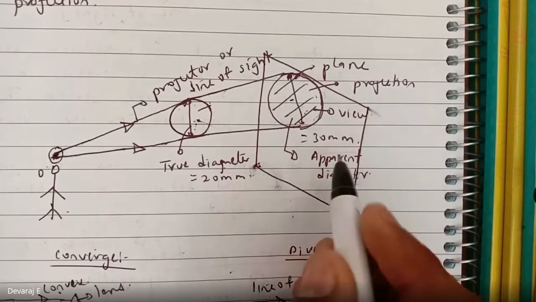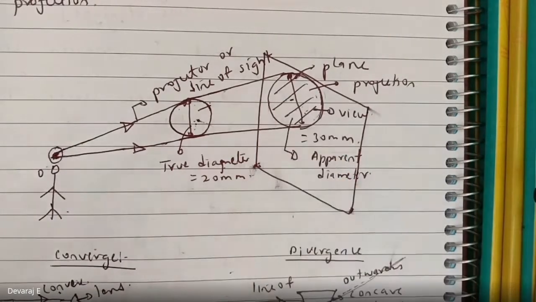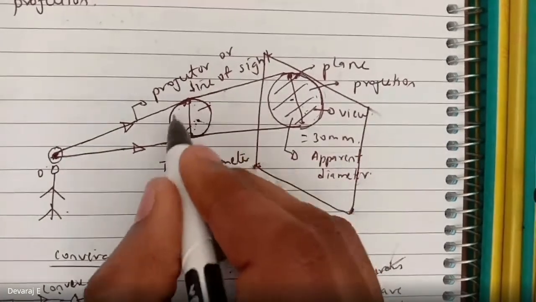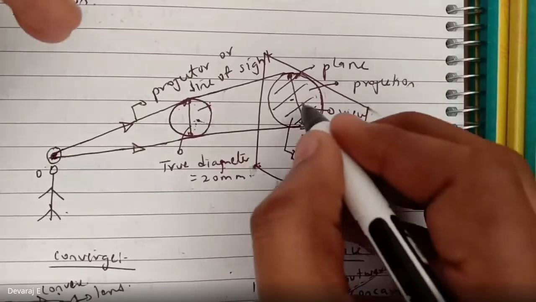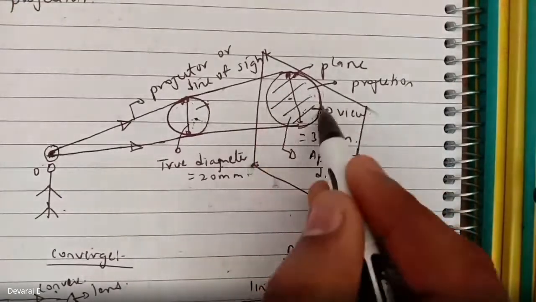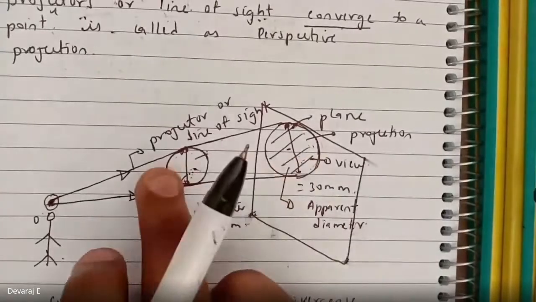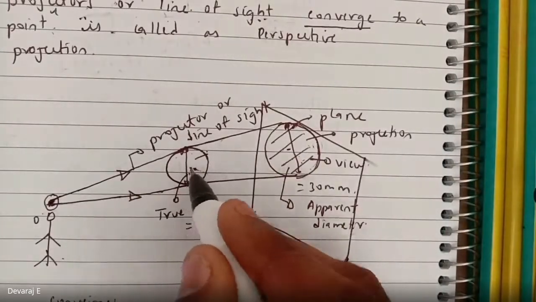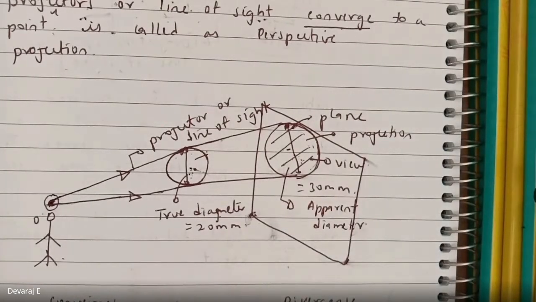Apparent means change in the diameter; true means actual diameter. This is called plane of projection. In perspective projection, the original true diameter will not fall on the plane of projection.